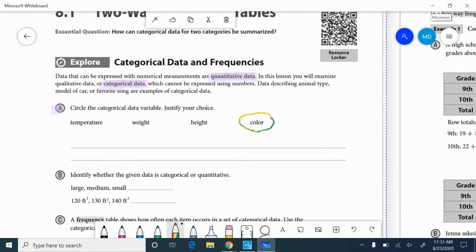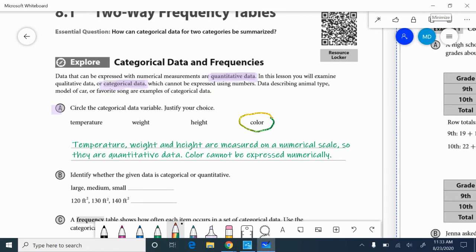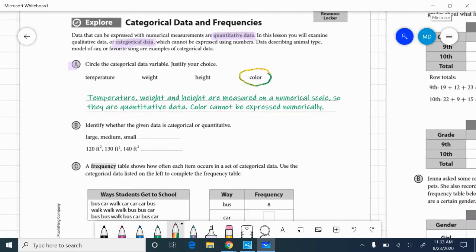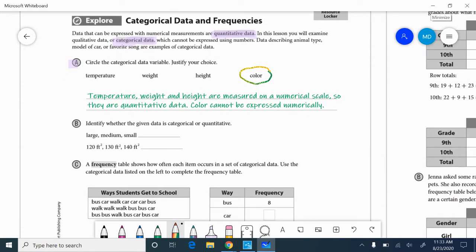All right. Now we're going to move on to part B, which says identify whether the given data is categorical or quantitative. So we have large, medium, and small. Those are categories, so they don't have specifically numbers to them.